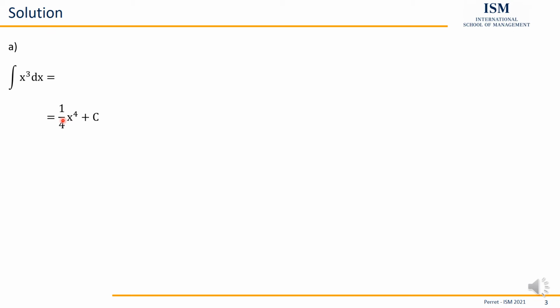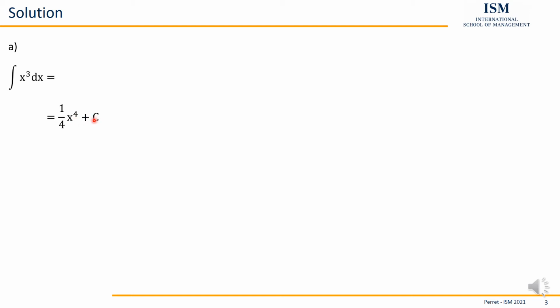And then we divide this by this new exponent. So we divide this by 4, or as done here, multiply with 1 divided by 4, so the inverse of the 4. And before we're done with this, we add a plus c here.